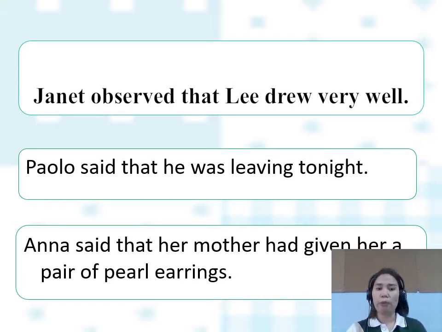Next, we have Paulo said that he was leaving tonight. Anna said that her mother had given her a pair of pearl earrings. So these are the restatement or the paraphrase of what Anna and Paulo said. Those are some examples of indirect or reported speech.